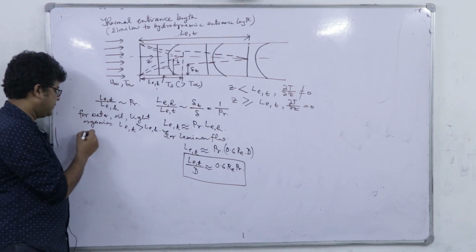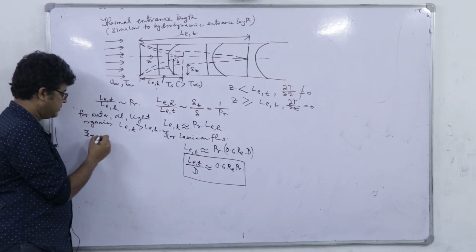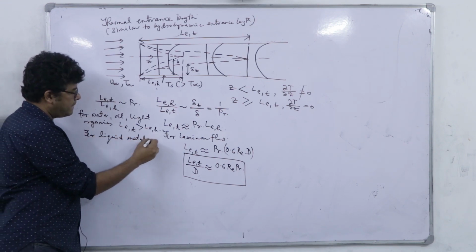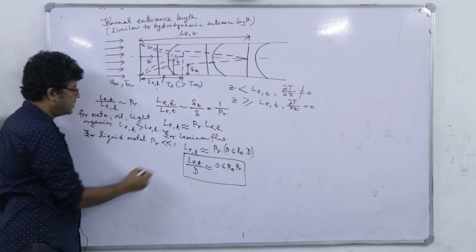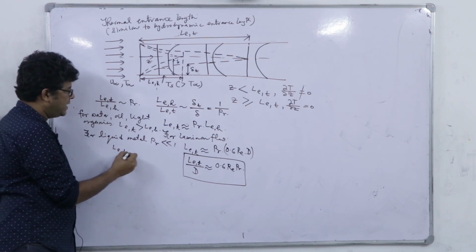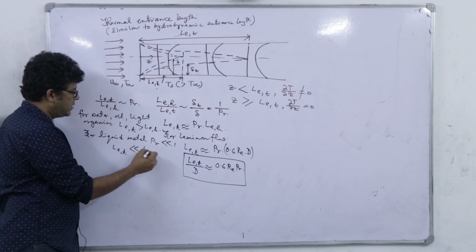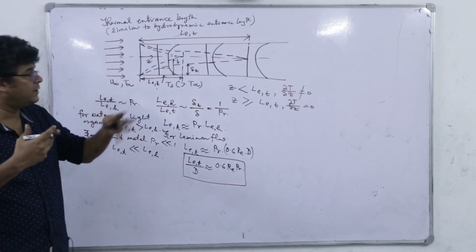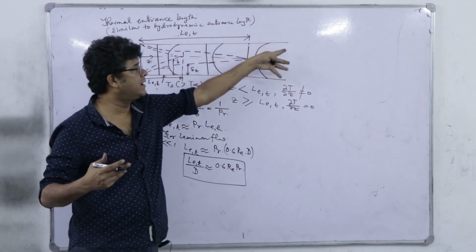On the other hand, for liquid metal, this was a GATE question, the Prandtl number is much lower than 1. So LET will be much lower than LEH. So the hydrodynamics will go on developing at a much later stage.